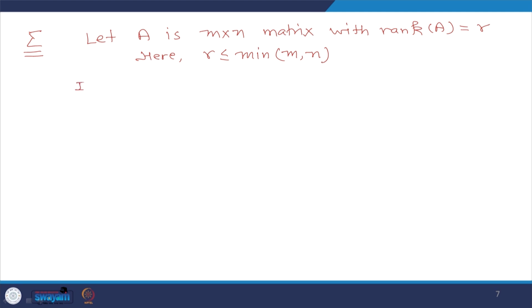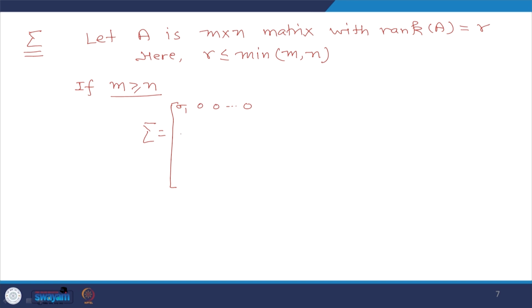So, if m is bigger than n, my sigma matrix will be a slim matrix which has more rows. So, I will have sigma 1 0 0 0.